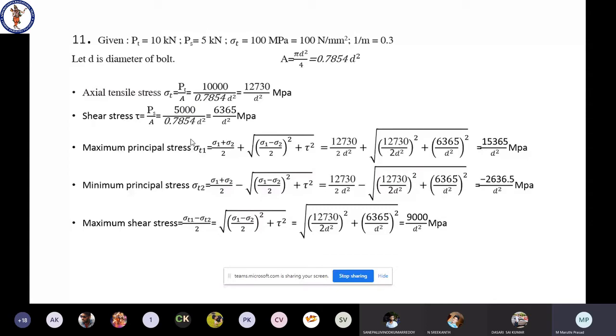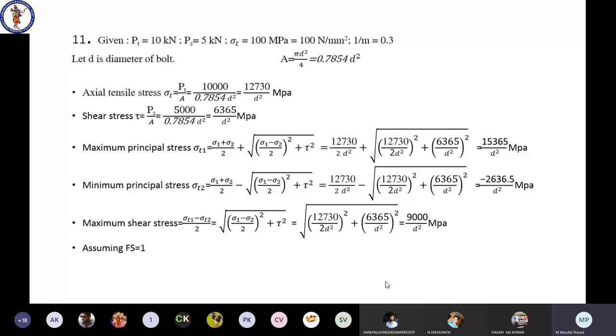Those are maximum principal stress, minimum principal stress, and maximum shear stress. Now we are going to use equations of theories of failures. So let us go for different equations.